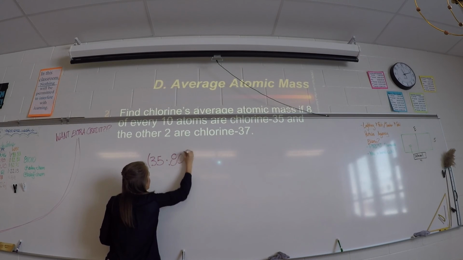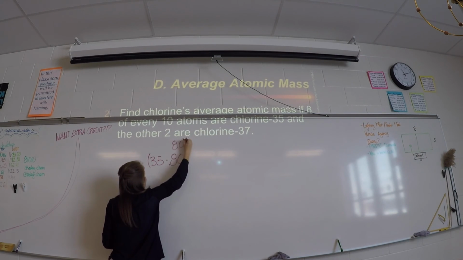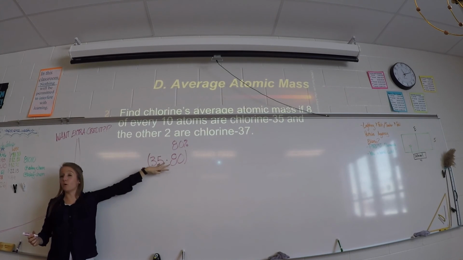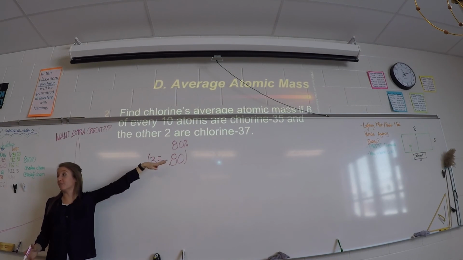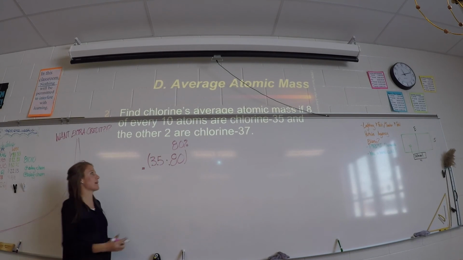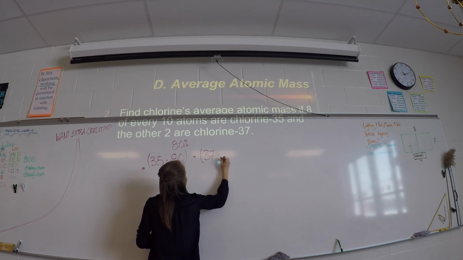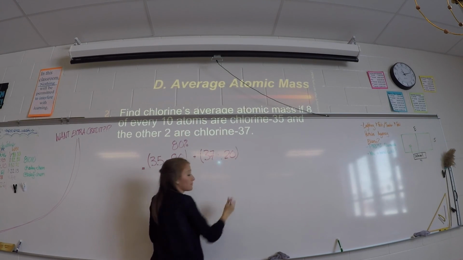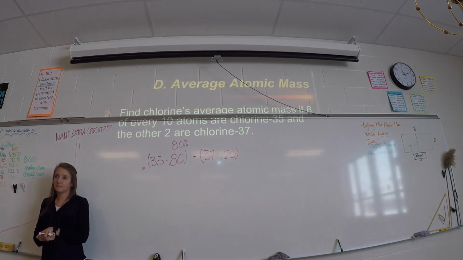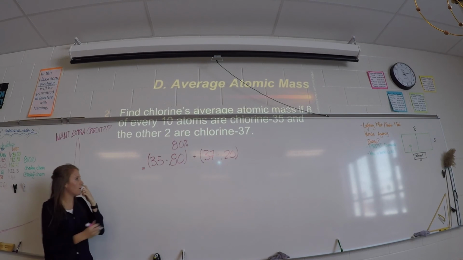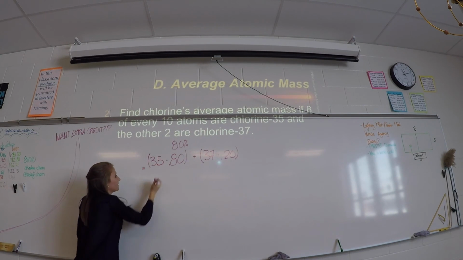You can also just plug it in as a decimal, so 80% as a decimal is 0.80. It's the same. I don't have to divide my answer by 100 anymore if you do it that way. Either way is fine, this is my preferred method. So then we do plus 37 times 0.2, because that's 20% as a decimal.